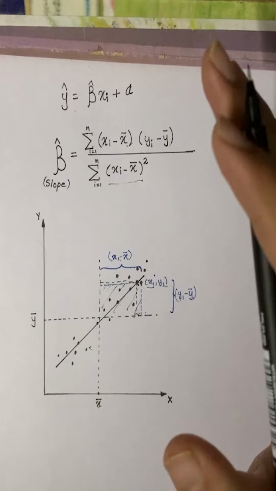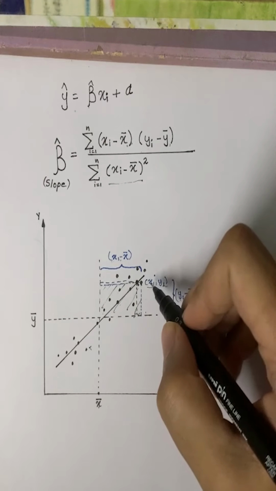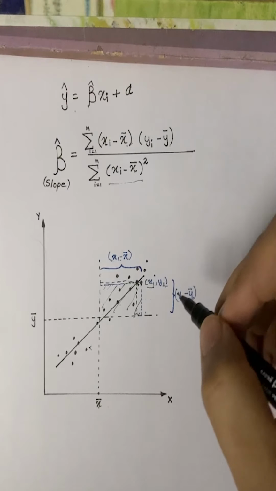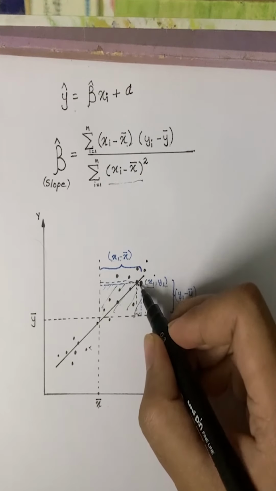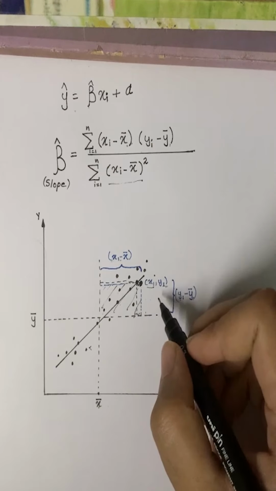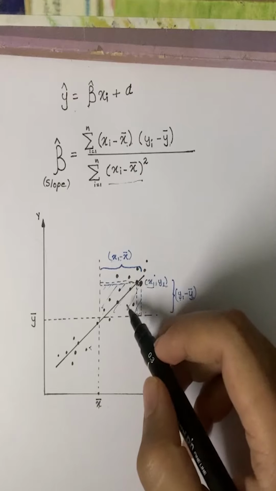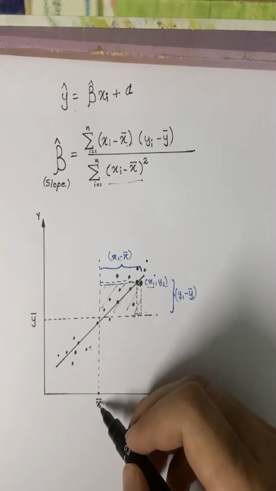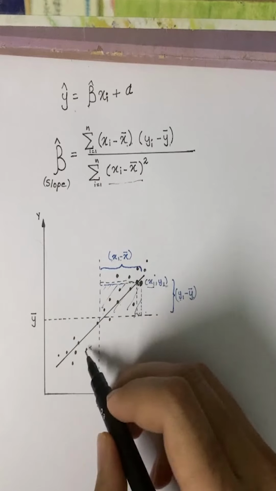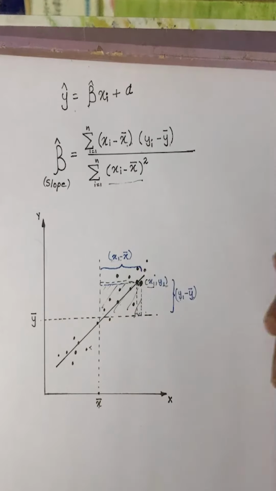So what we've done is plot a graph with various data points, and let us take the example of this point x1 y1, which is this. Let us take the average of all the x values as x dash, and the average of all the y values of all the data points as y dash here.